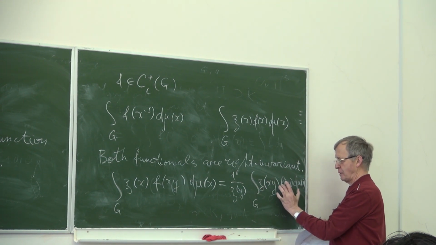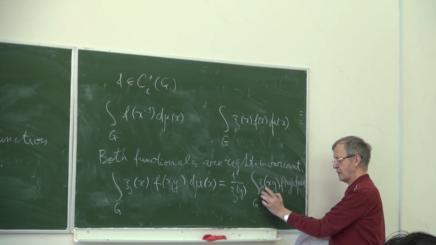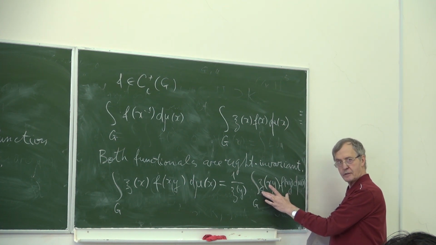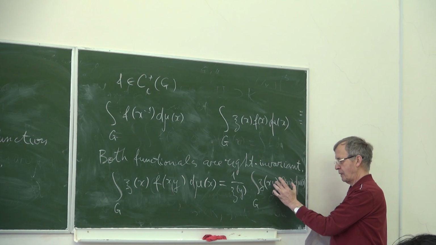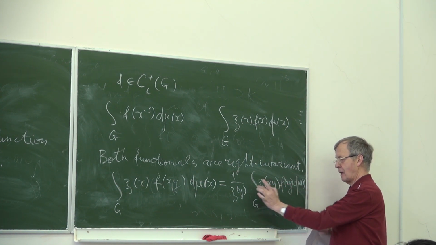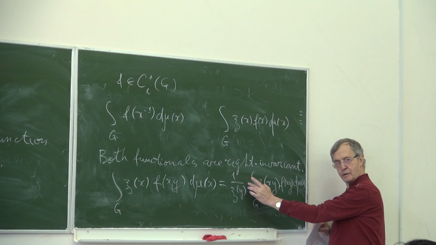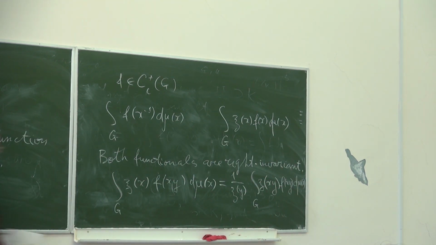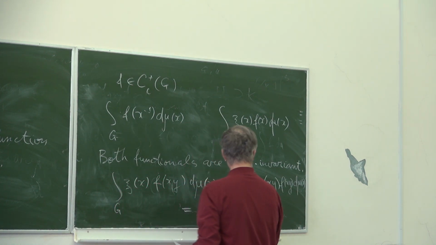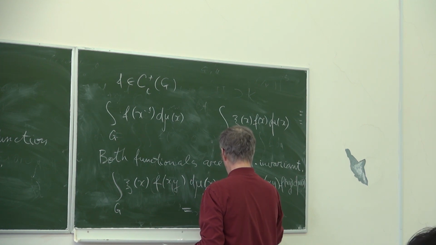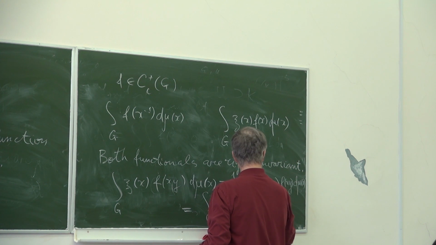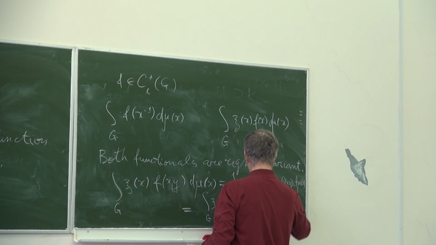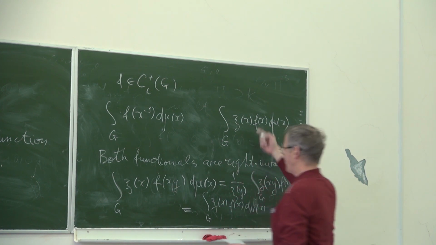This is also a test function because this has compact support and this is continuous. So the product also has compact support, so this is a test function. So we can erase y here and write xi of y before the integral sign. And this will be the same by this defining relation of xi. So this is the integral over g of the modular function of x, f of x, d mu of x. So this is also right invariant.